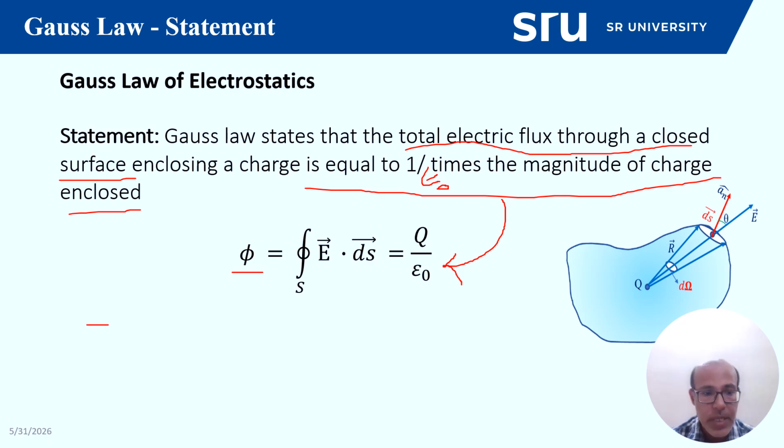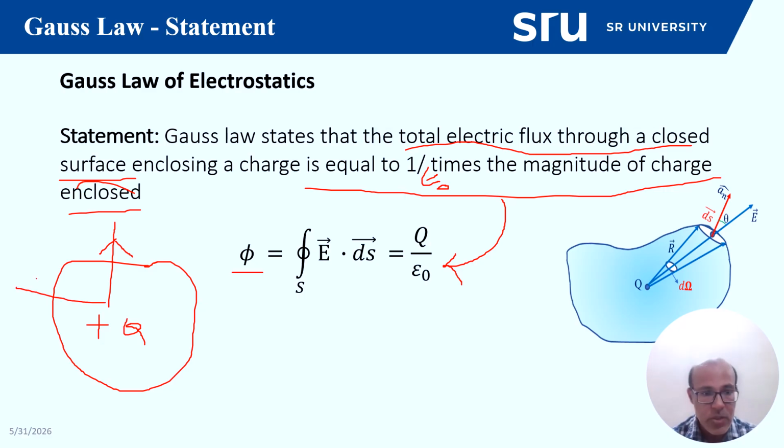In simple terms, let's look at this. Let's say we have a charge Q, and enclosing that we have an arbitrary closed surface. Whenever there is a positive charge, electric lines of force are always radiated outward.